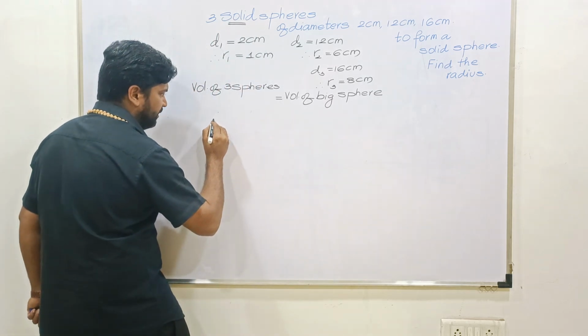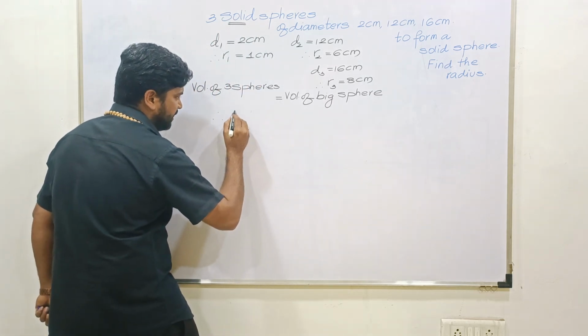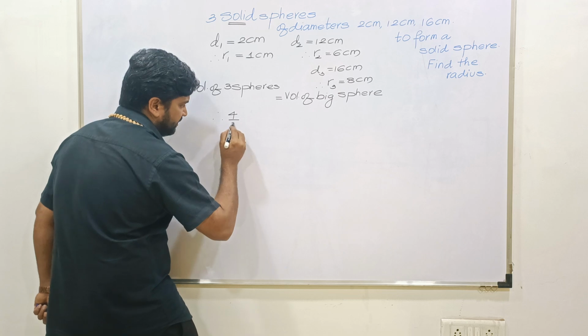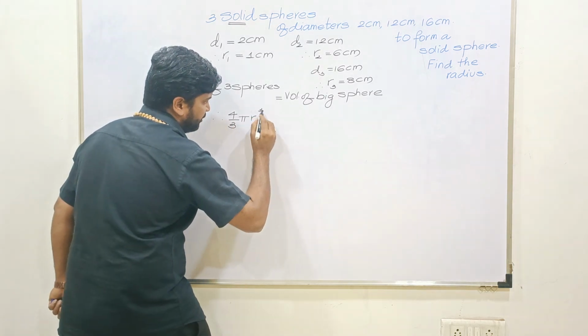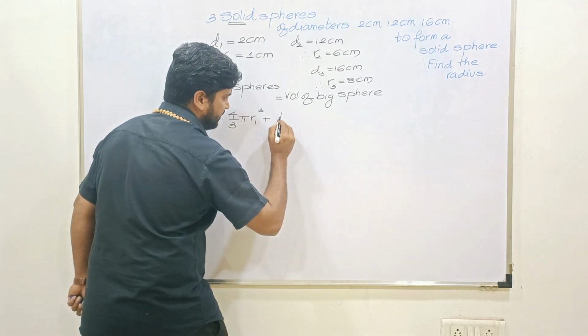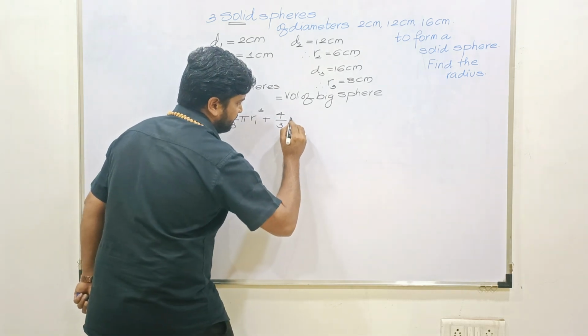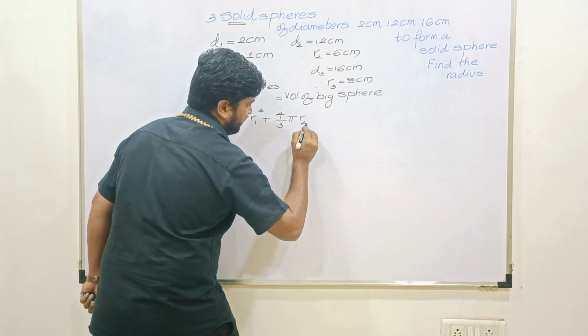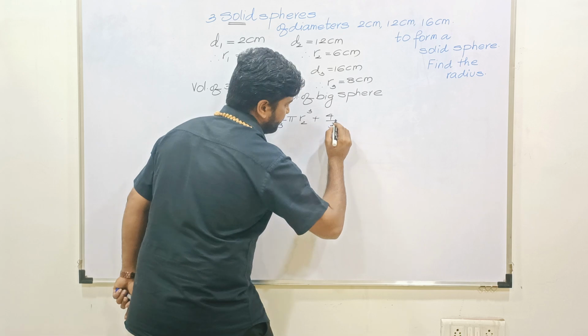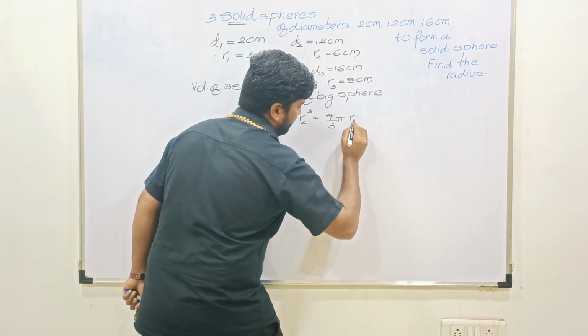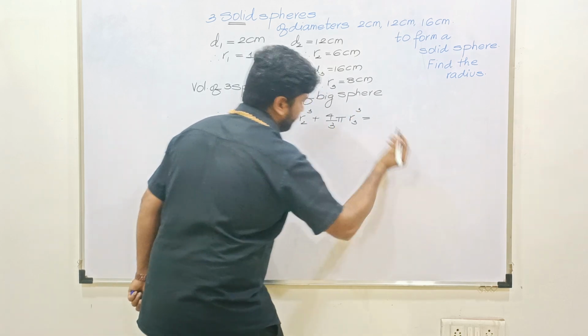Fine children. Now we got three spheres, so I'll write the formula thrice. So 4 upon 3 pi R1 cube. Fine. Now next 4 upon 3 pi R2 cube plus 4 upon 3 pi R3 cube.